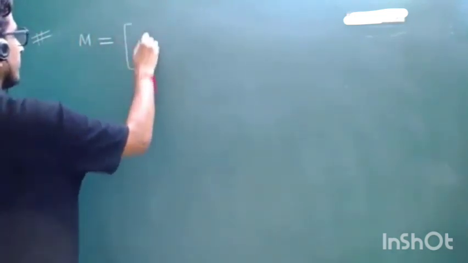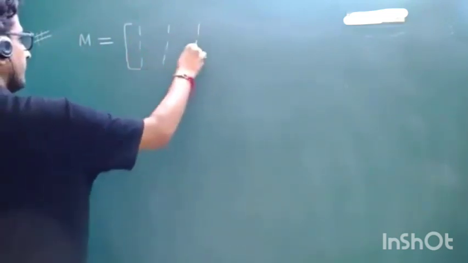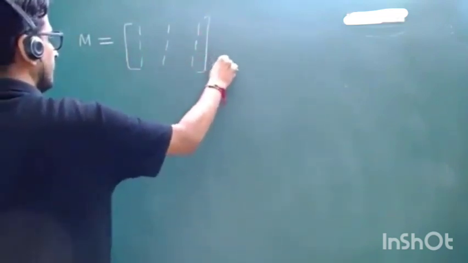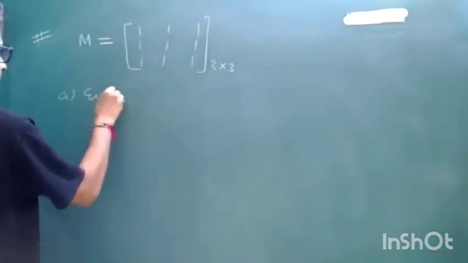We have a matrix capital M equal to 1 1 1, 1 1 1, 1 1 1. This is a 3 cross 3 matrix. Okay, so part A, eigenvalues.